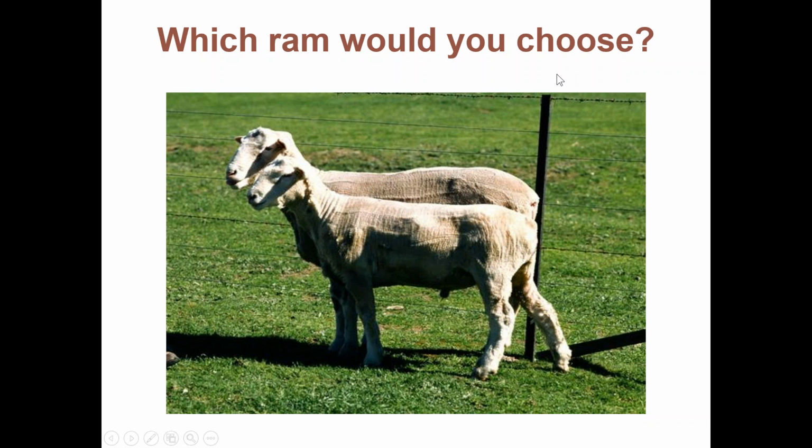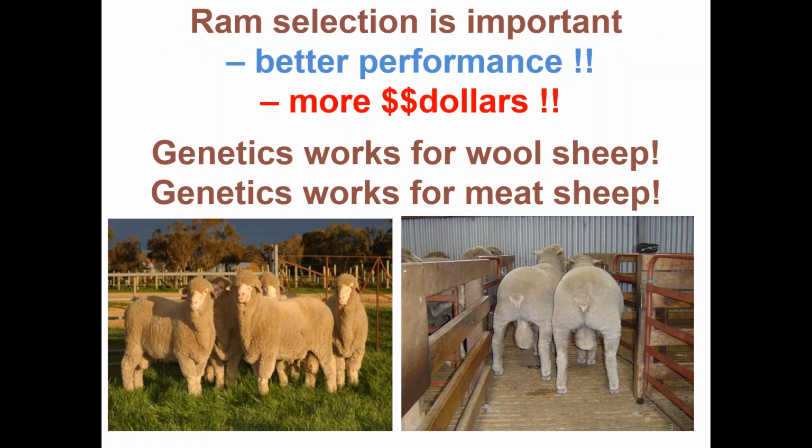to make a choice. Sometimes not just one out of two, but it's still the same process. First thing I just want to mention very briefly, but most importantly, is this is all about making money, whether you've got wool sheep or meat sheep.